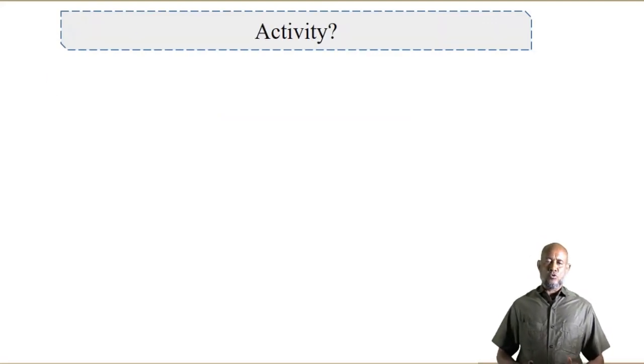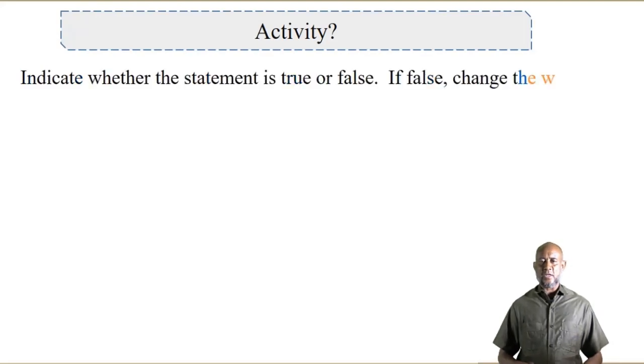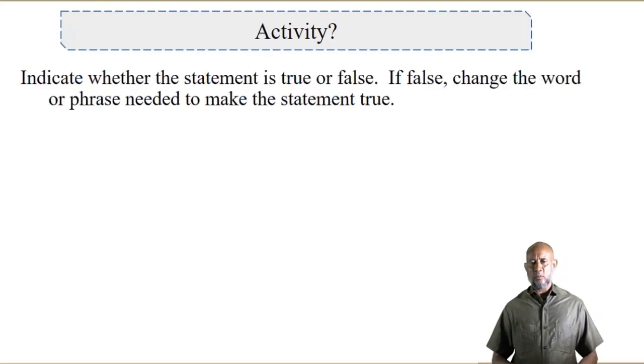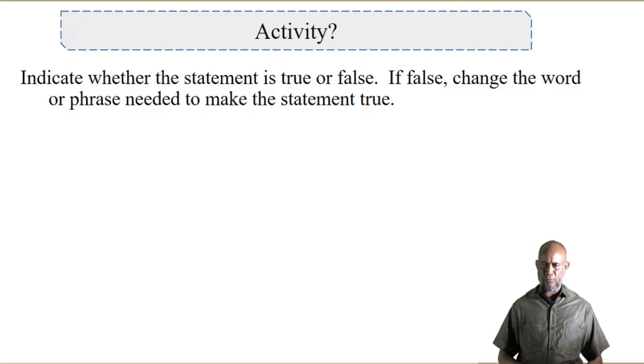Now, students, let us do this activity. Indicate whether the statement written below is true or false. If false, change the word or phrase needed to make the statement true.